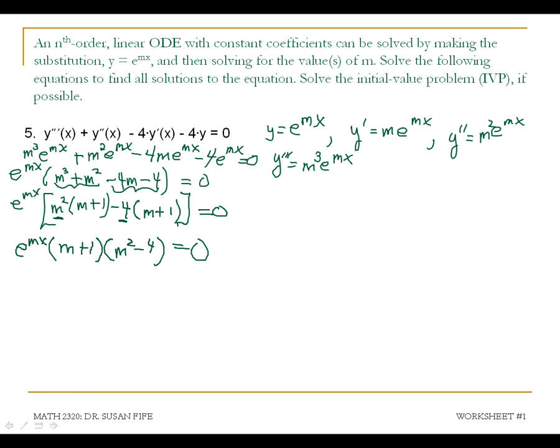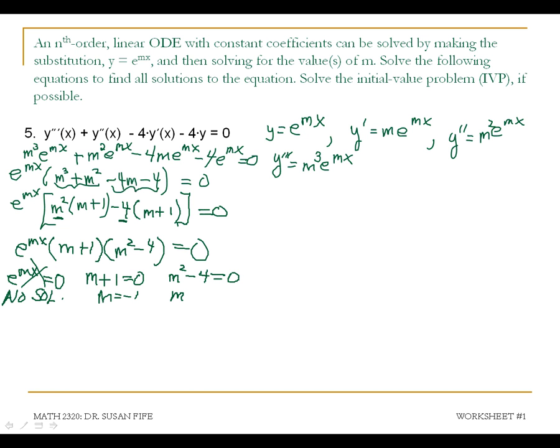And so if you set your factors equal to 0, on the first factor, here we have this exponential function, and we know that there's no solution. On the second factor, m plus 1 equals 0. You get m is equal to negative 1. And on the third factor, m squared minus 4 is equal to 0.